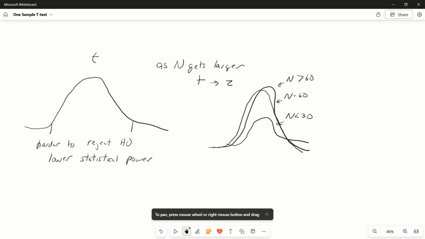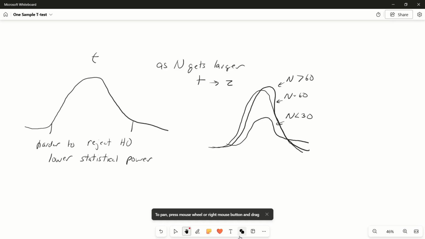So as the sample size is increasing, t is becoming more and more like z. So t is approximating the normal distribution. And around 100 or so for our sample size, n, there's really not much of a difference between t and z, it's a very small difference.